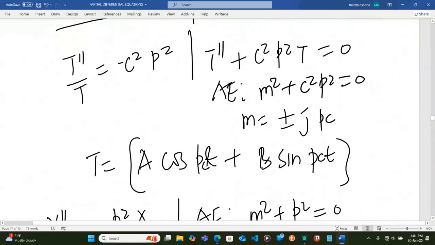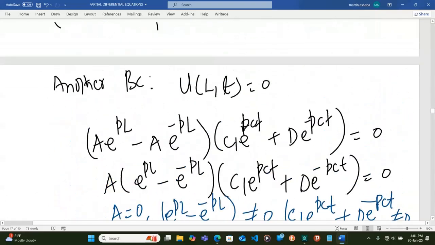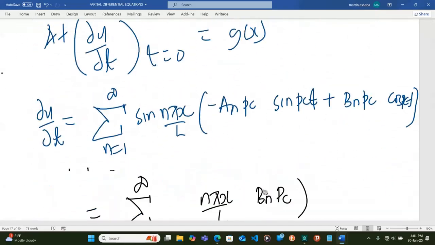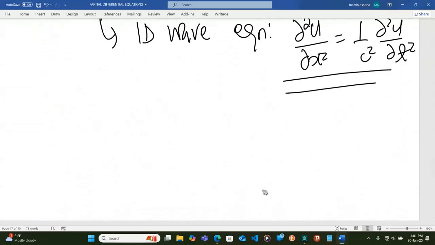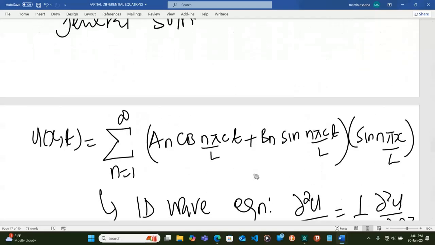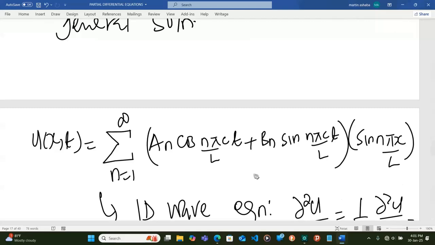Once you go through it and understand every bit, you'll find that this is very easy. So in summary, to solve the one-dimensional wave equation, you have to identify clearly the initial and boundary conditions. Then assume a solution of the form u equal to X times T and express the equations in terms of x and t and their derivatives.